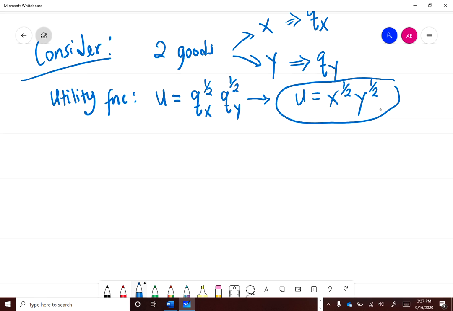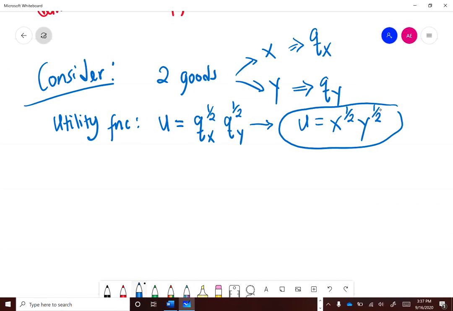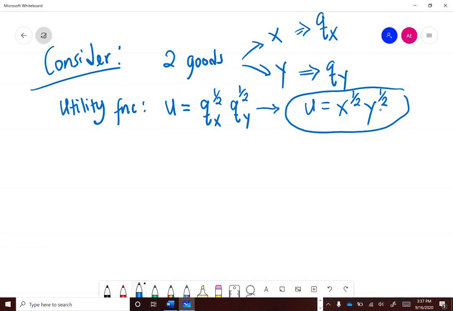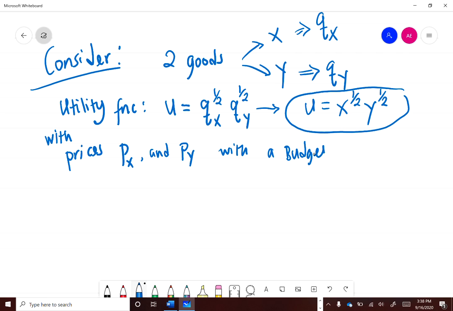Okay, so we have that there are two goods, the utility function is this, and we have the prices P of x, the price of good x, and P of y, and also a budget that may vary.